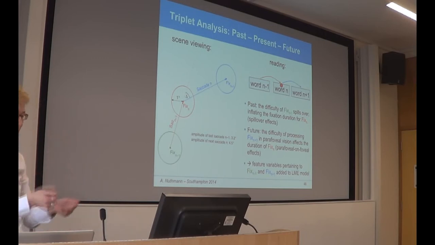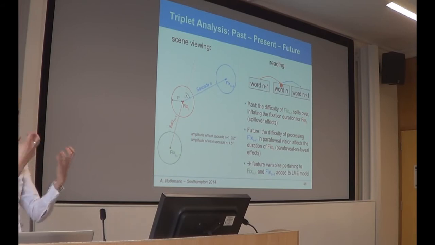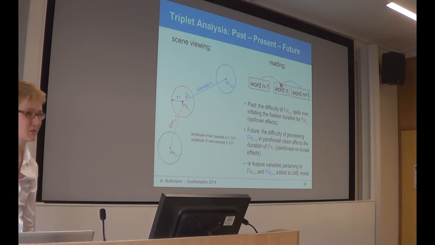So I broke this down and I used objects only, and I created a situation where I must see those effects if they are there. And I put two objects really close to one another and let them view the two objects, and they were either semantically related or not. So it's a slightly different take on semantics. And I observed those parafoveal and foveal effects. They were 5 degrees apart, so it was partially in central vision, partially in peripheral vision. So in this kind of very isolated situation where I kind of maximized it.